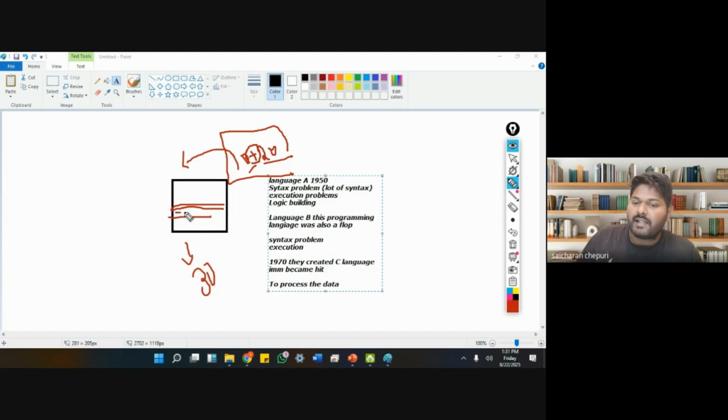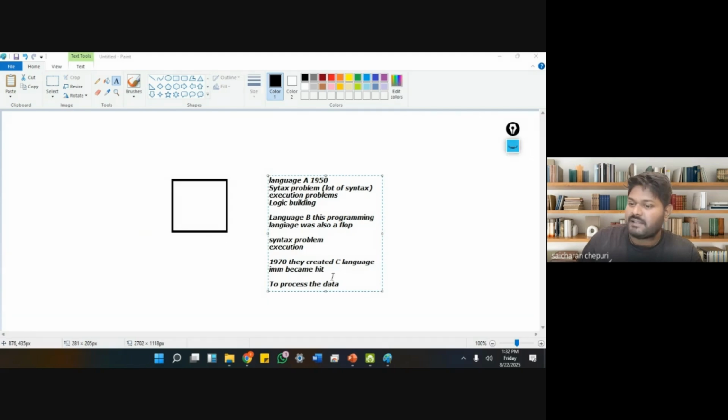Now, who is helping the computer to do the processing is the programming languages. So programming languages are understandable by the computers, right? So what exactly the programming language here is doing is processing, PROC, processing. So processing is done by a programming language like A, programming language like B, or C. Now they have created another language which is C++, right?